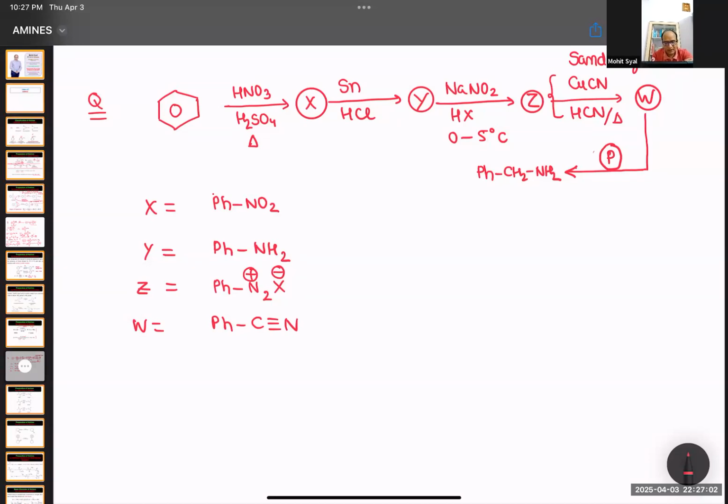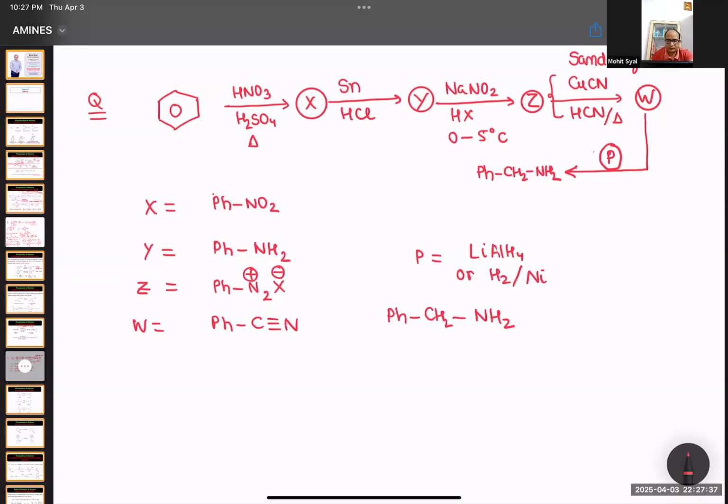Now once you have CN, you can easily end up with benzylamine, PhCH2NH2, just by doing the reduction. The reducing agent could be LiAlH4, which is a very good reducing agent, or it could be, as we have just seen, H2 nickel.